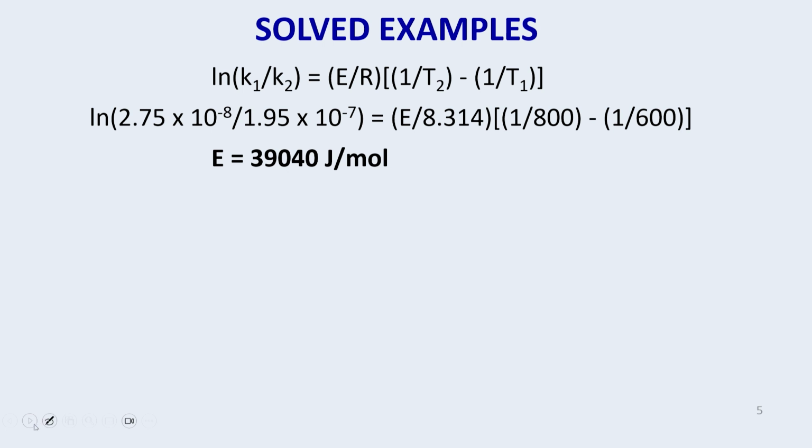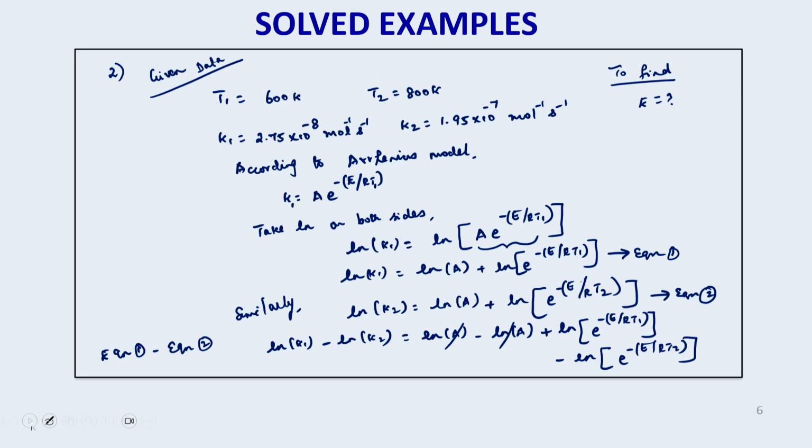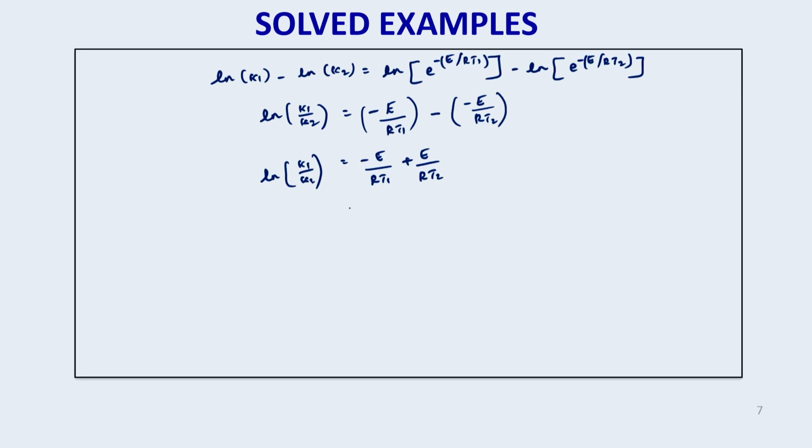Let us take E by R as a common term on the right side. The first term is minus 1 by T1 and the second term is 1 by T2. So this can be written as E by R into 1 by T2 minus 1 by T1.